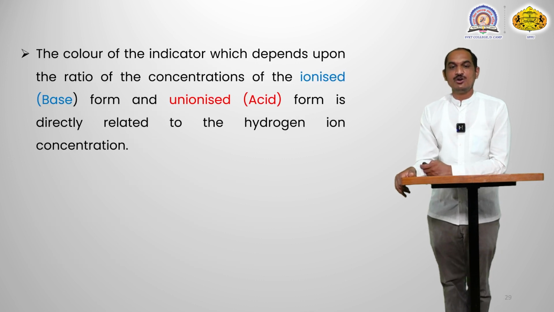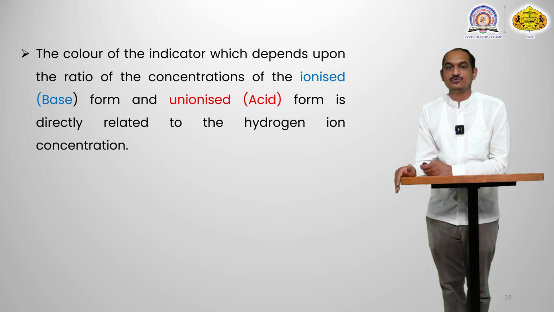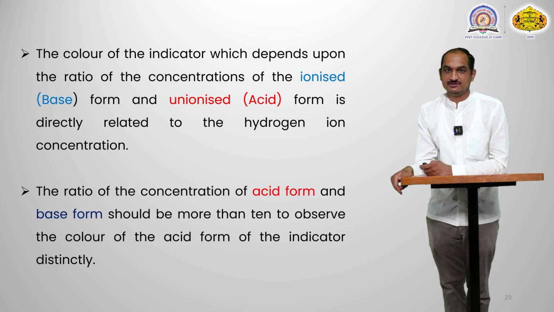So the color of the indicator depends upon the ratio of the concentration of ionized form and unionized form, that means the base form and acid form, and is directly related to the hydrogen ion concentration.